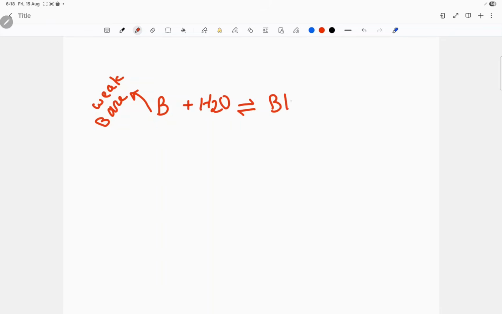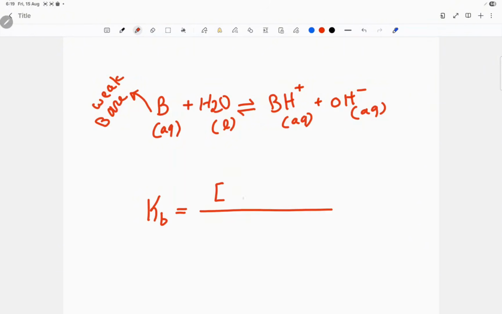And you will get BH plus with OH negative. Aqueous, aqueous, liquid, aqueous. Now you should know that we don't put liquids in the K expression. If I'm doing Kb, that means for base, I'll also put products on top and reactants on the bottom.